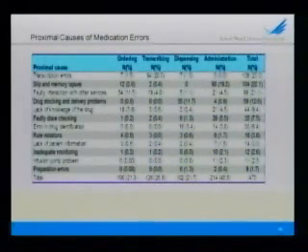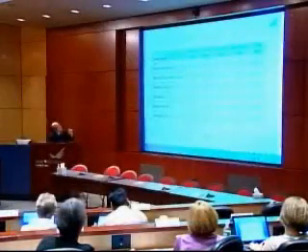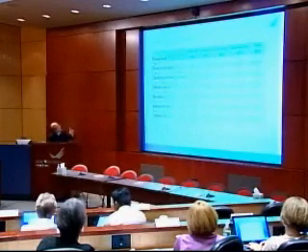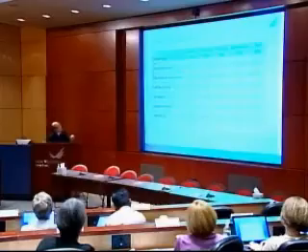This table shows the distribution of clinically important medication errors by stage of the medication process and also proximal cause. As you can see here, most medication errors occur in the stage of administration, followed by transcribing, dispensing, and ordering.